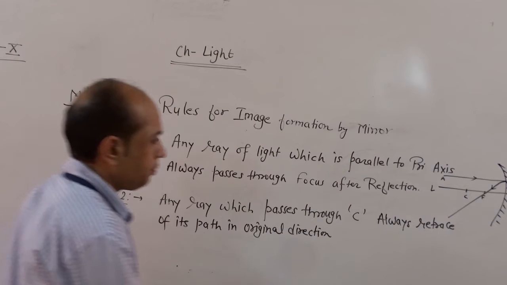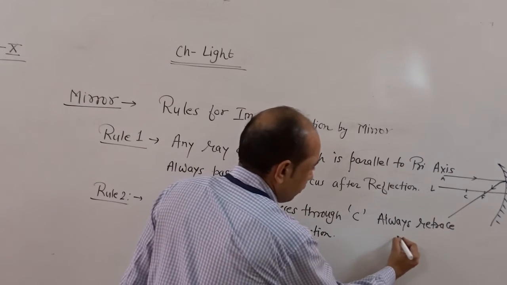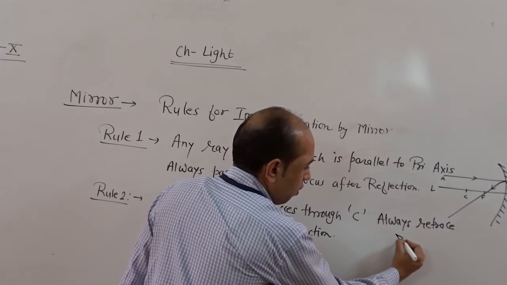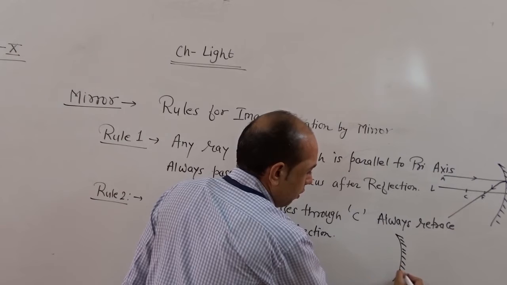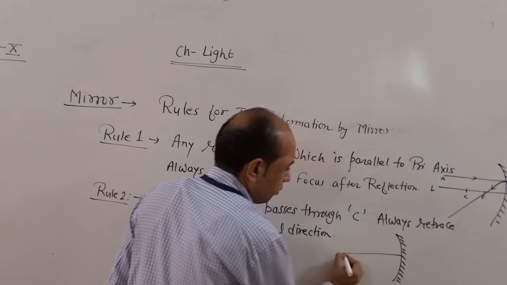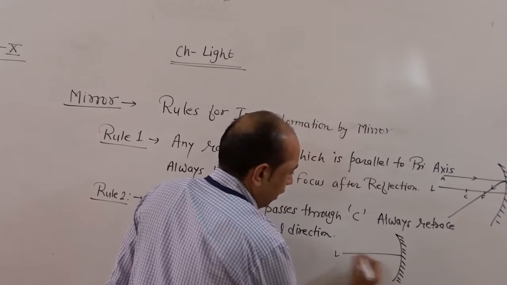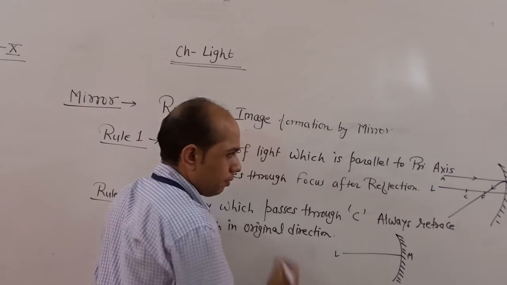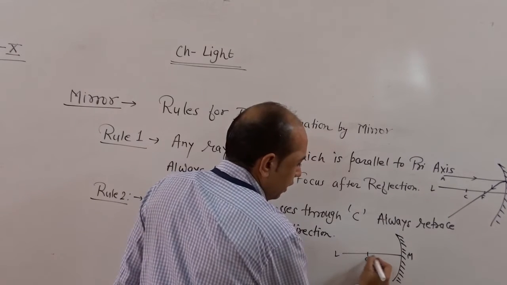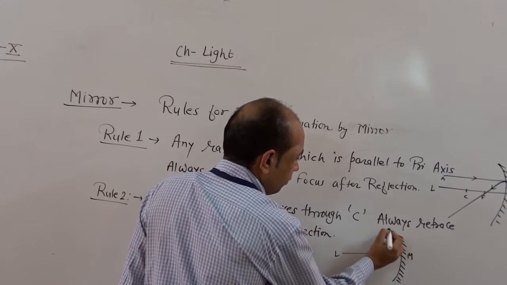That means, again I draw the concave mirror, LM shows the principal axis, with the pole, center of curvature and focus.